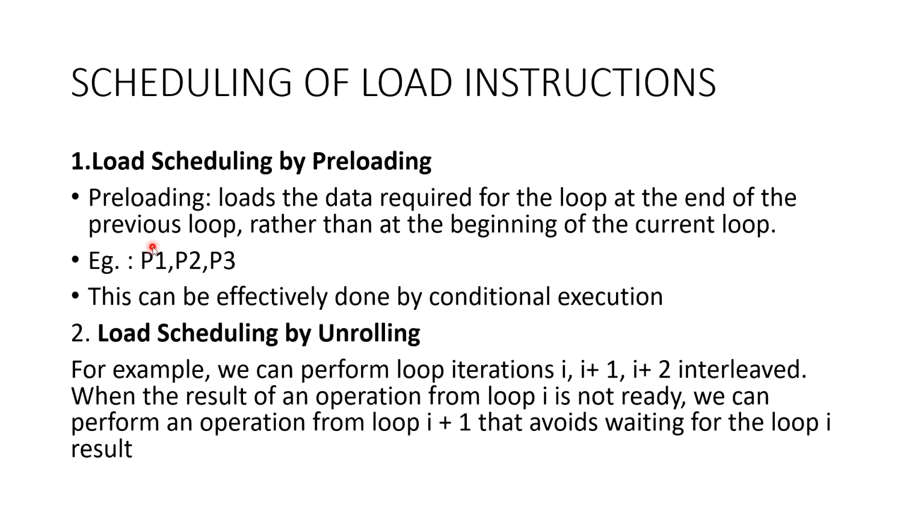The data generated by P1 is needed by P2, and the data generated by P2 will be needed by P3. Preloading is nothing but the data generated by P1, which P2 needs, being loaded at the end of P1 only.